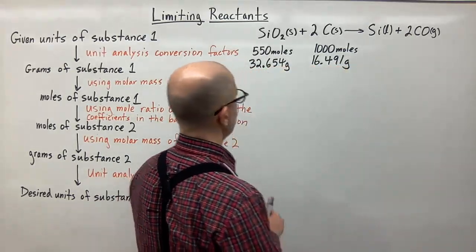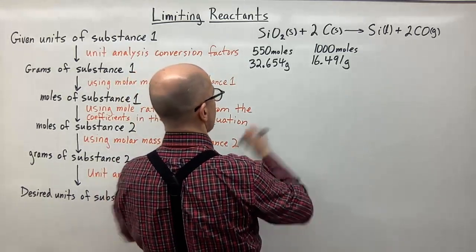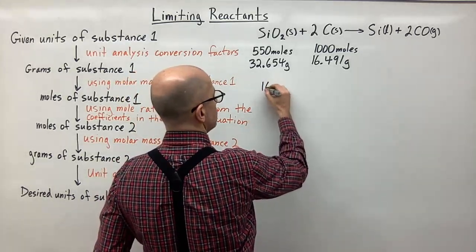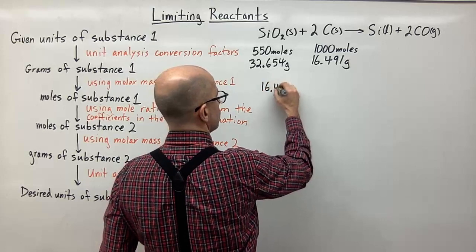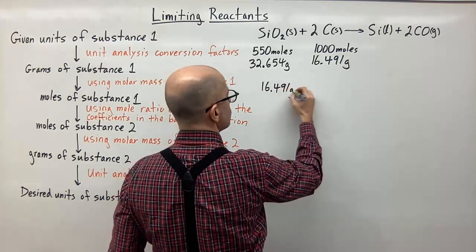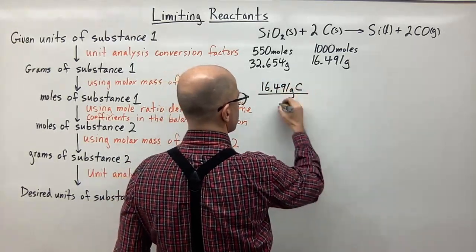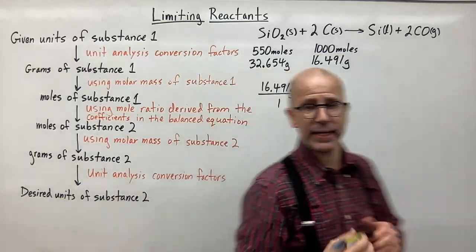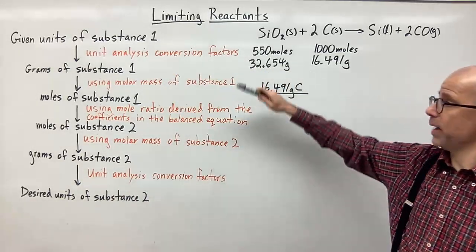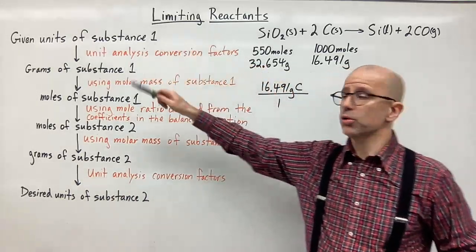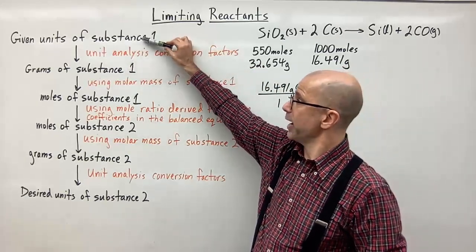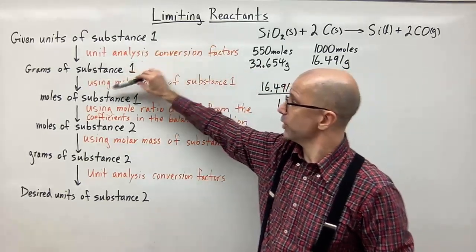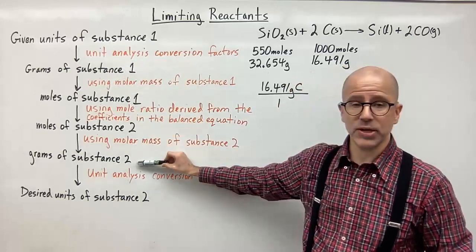Okay, so again, I'll start with 16.491 grams of carbon. In this case, we've got to follow the roadmap. Here we're starting with grams. We'll have to convert that to grams of substance 2.